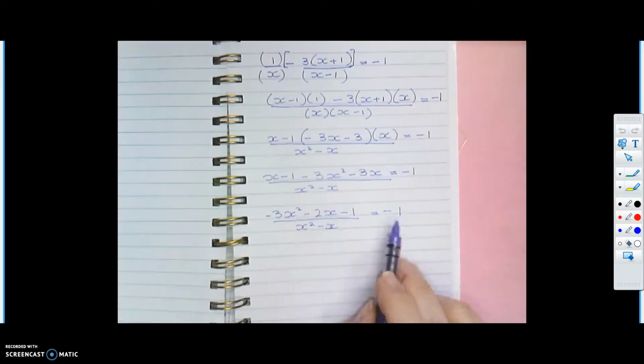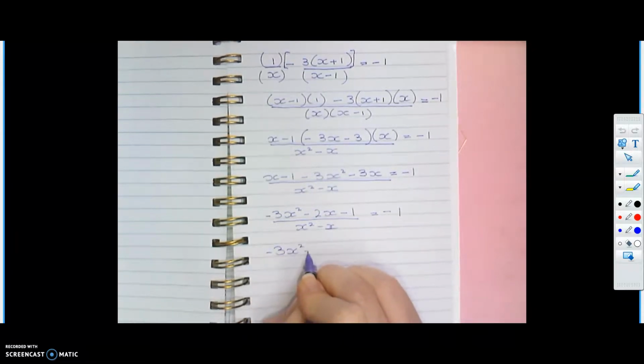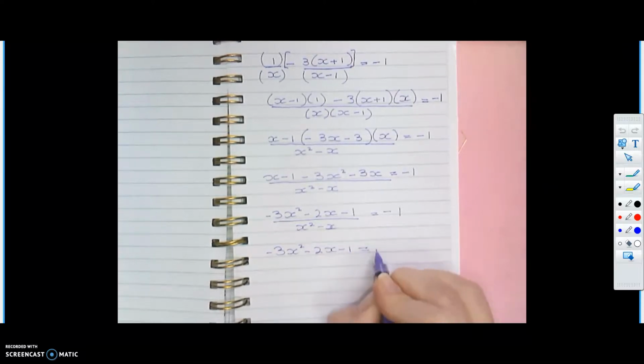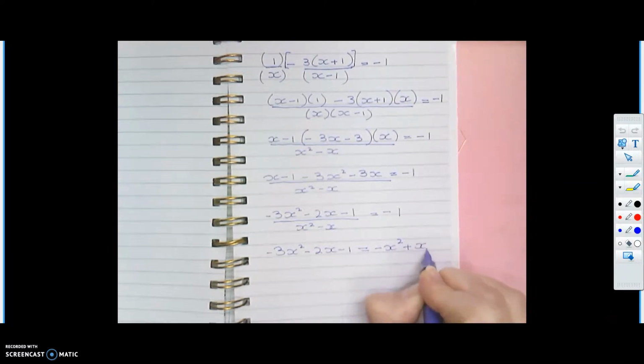Now I have a fraction equals some other number, so this comes up and multiplies. So we go minus 3x squared minus 2x minus 1 would be equal to minus x squared plus x.